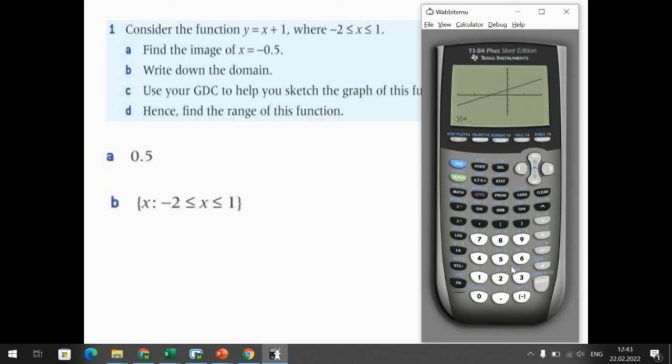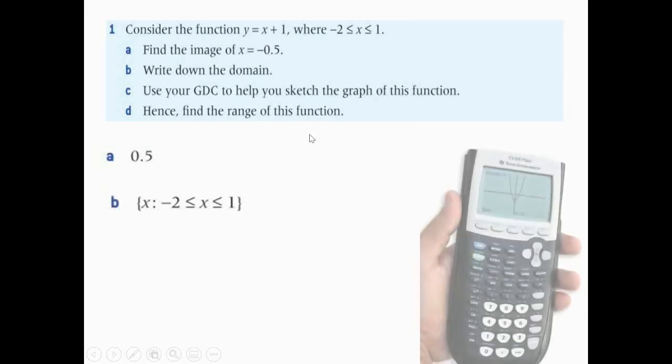So we're going to say when x equals -2, what's the y? And it tells us right here, when x is -2, y is -1. So that tells us where the graph should begin, at (-2, -1), because that's the beginning x value. Now let's do the same thing for the upper x value, 1. If you put a 1 in here, what do you get for y? 1 goes in there, you get 2 for y. So you know your starting point is (-2, -1), and your ending point is (1, 2).